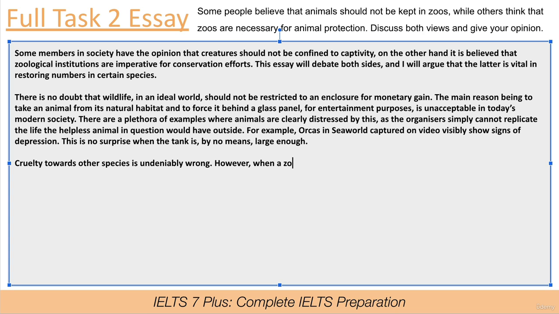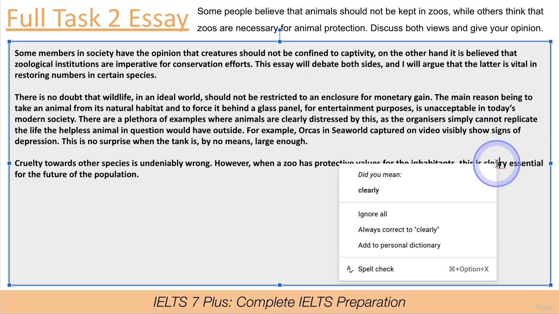However, when a zoo is or maybe has protective values for the inhabitants, this is clearly essential for the future of the population.